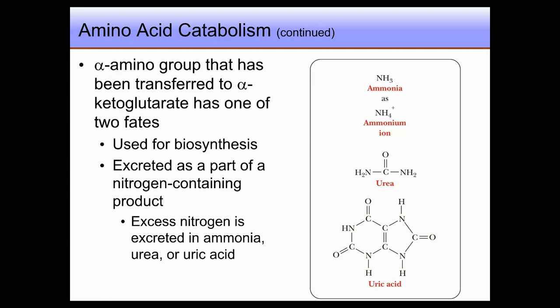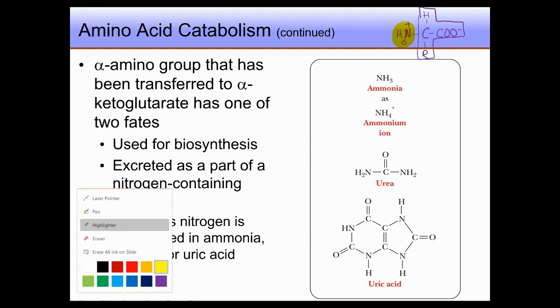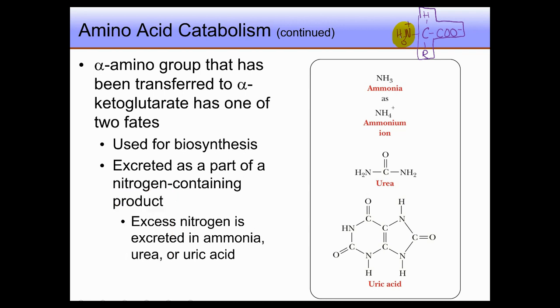Okay, so going back to that other comment. Here's our amino acids. I just said that this carbon skeleton was going to either form tissue proteins, structural proteins, enzymes, or citric acid cycle intermediates. The other thing that happens when that occurs is that the NH3 group has to go somewhere, but it's toxic.